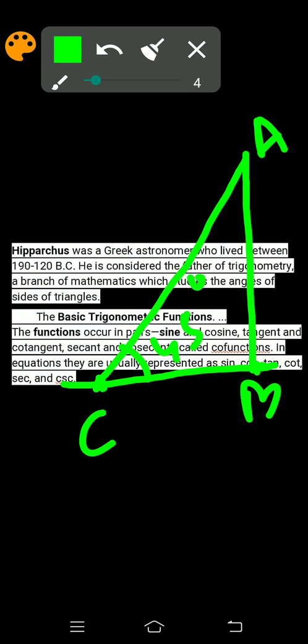If I know the distance between the points C and B, then I can calculate the height of the tower. There are so many examples, but today we are not going to discuss the application of trigonometry. So better if we move forward.